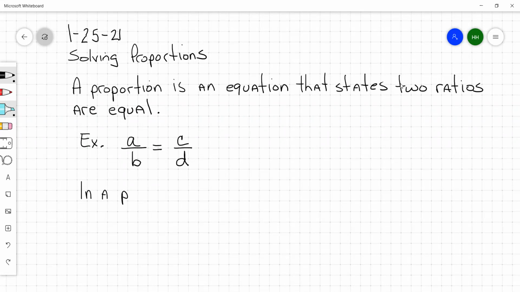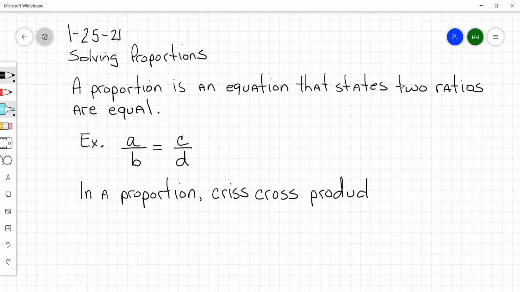In a proportion, crisscross products are equal.